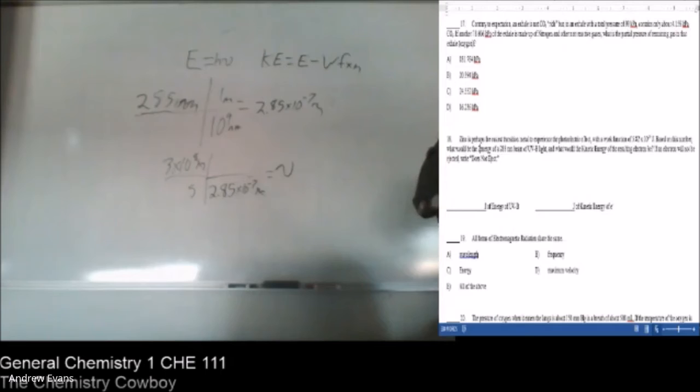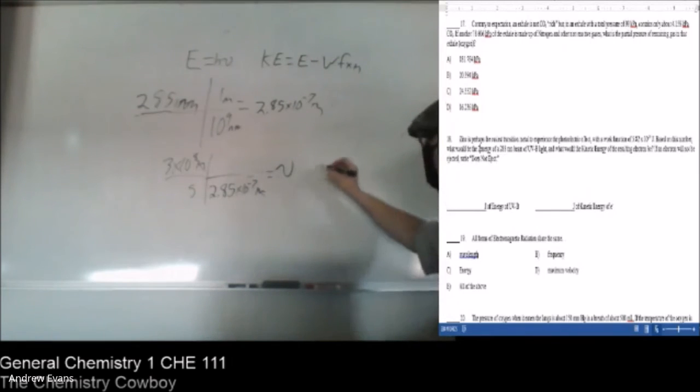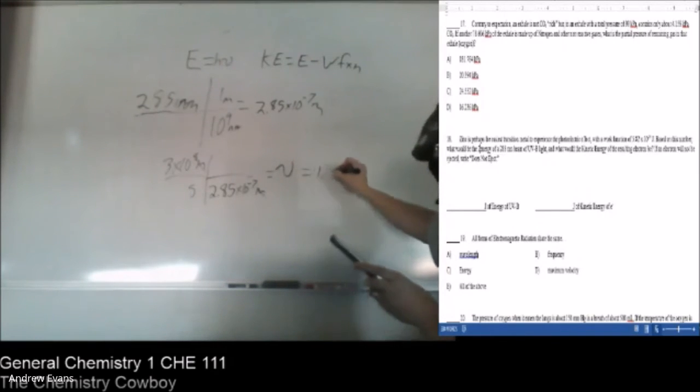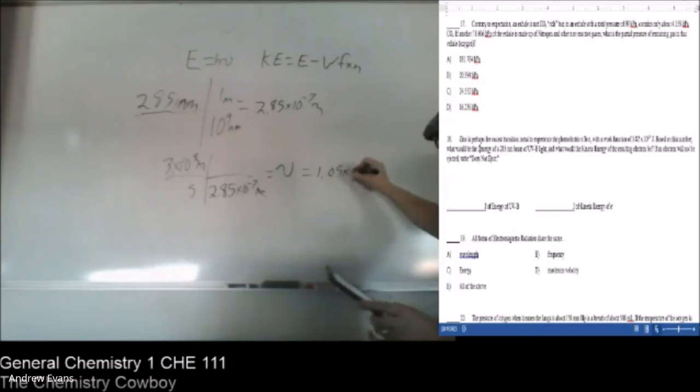So step one, what is the frequency? The frequency is going to be 1.05 times 10 to the 15th inverse seconds.